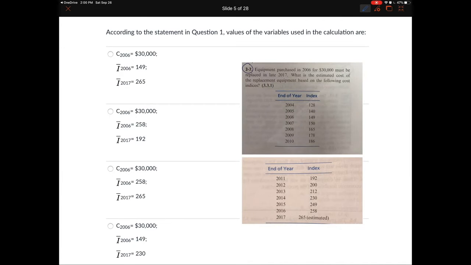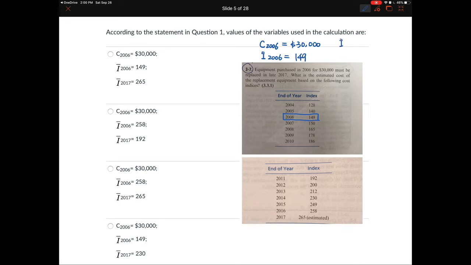And then according to the statement, you already have some values of these variables in your equation, right? So just go back to check the statement. You will know that C 2006, the cost in 2006, is 30,000. And then the I bar in 2006 for that equipment is 149.